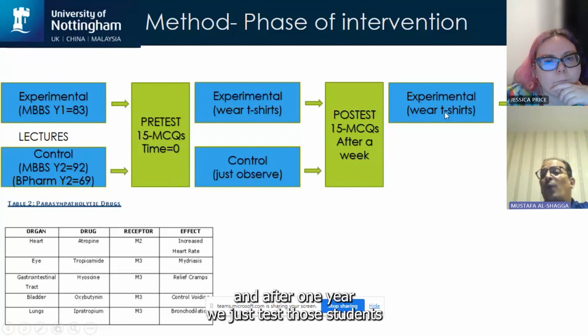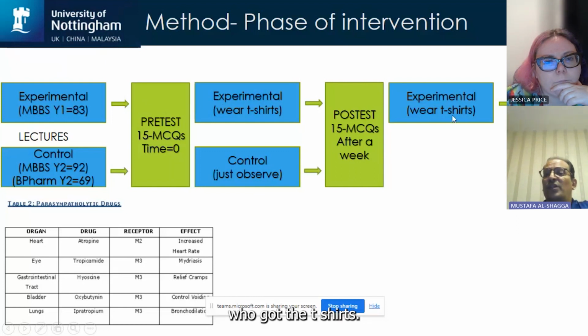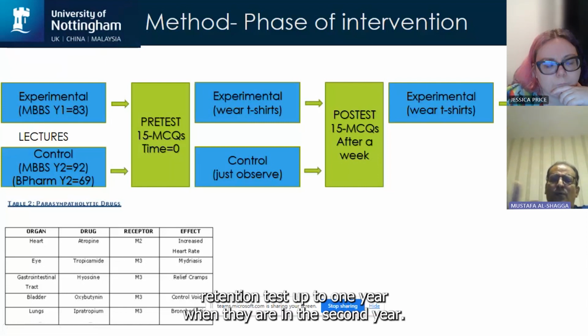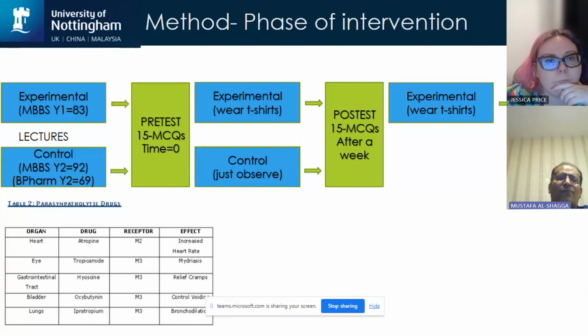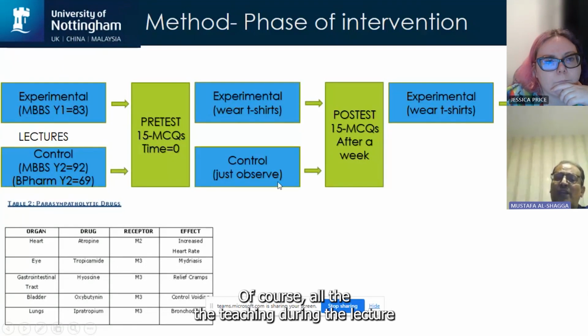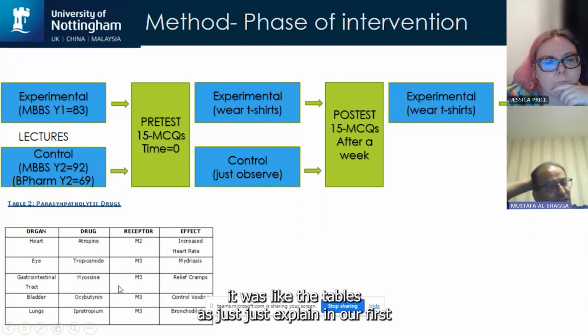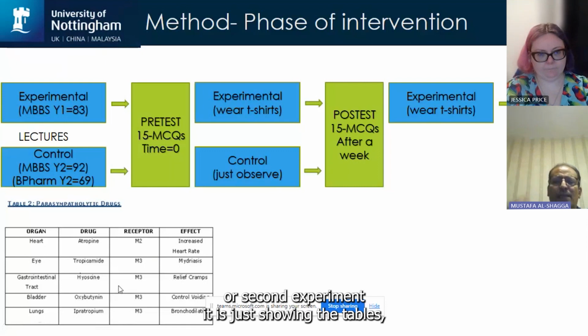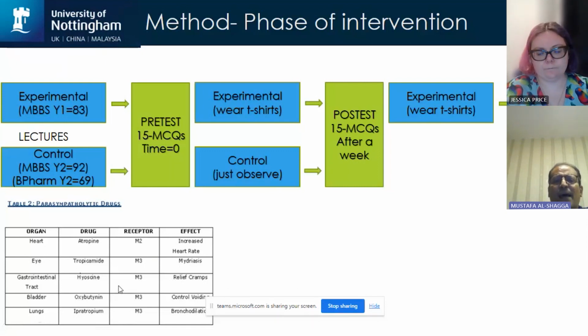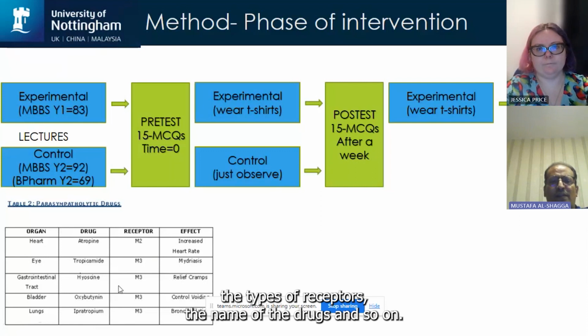And after 1 year, we tested only those students who got the t-shirts. We gave them another retention test after 1 year, when they were in the second year. Of course, all the teaching during the lecture was like the tables, as explained in our first or second experiment. It just showed the tables and the types of receptors, the names of the drugs, and so on.